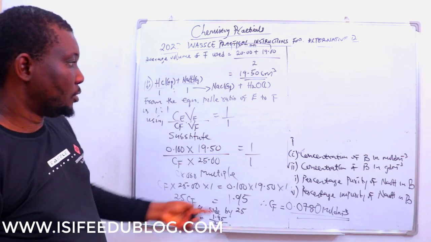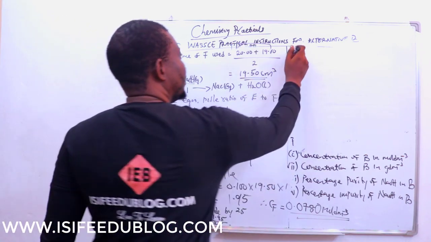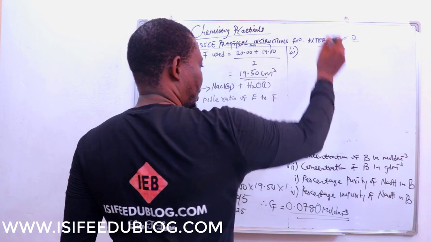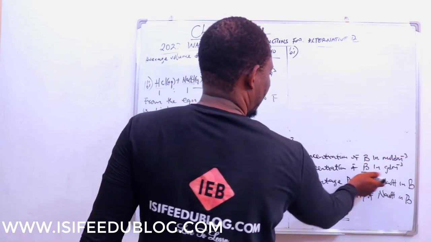Now, for BII, we should calculate the concentration of B in gram per dm cube.